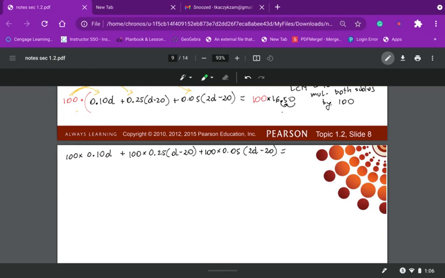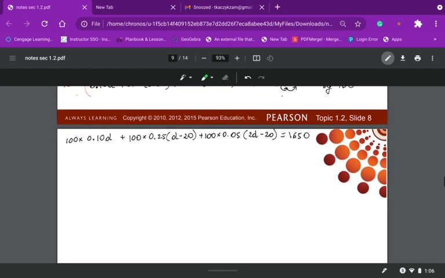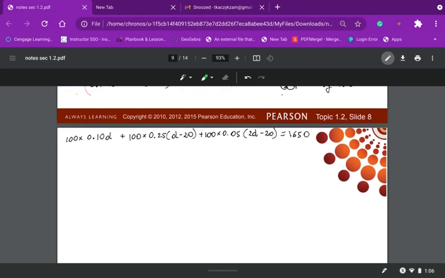We move the decimal two spaces, so we have 1,650. Now we're going to solve the equation.